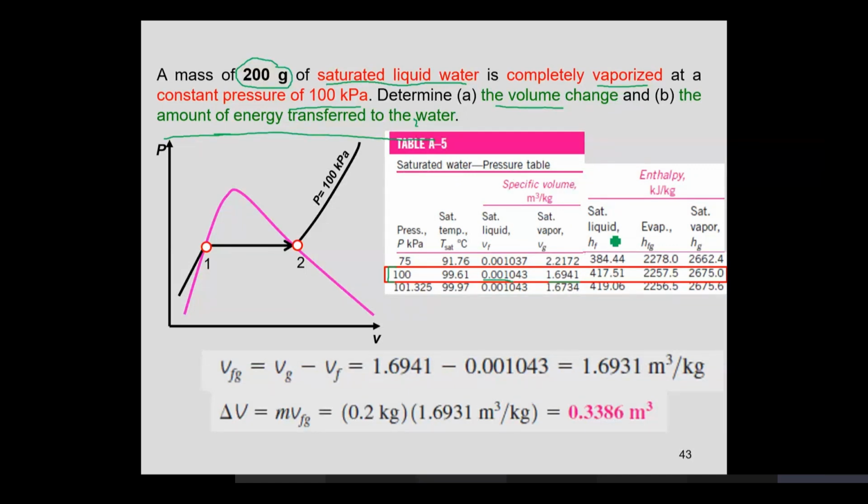For energy transfer, you will go to enthalpy, not internal energy. We have already discussed that HFG is the latent heat of vaporization. It is the energy transferred to the saturated liquid so that it moves to saturated vapor. HFG multiplied by the corresponding mass would give you the energy transfer to the water vapors. Clear enough? Yes, sir.